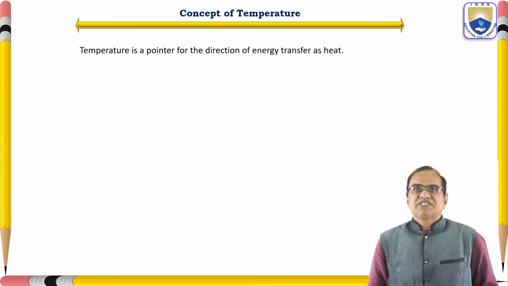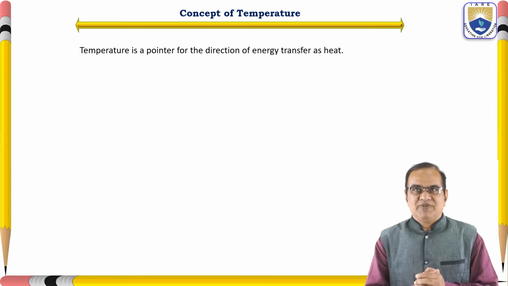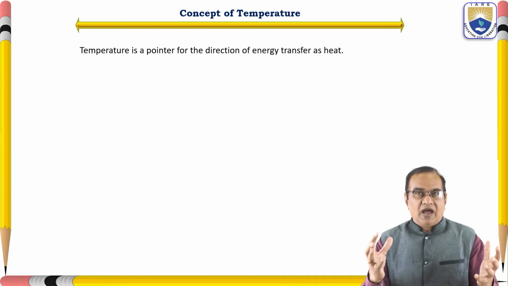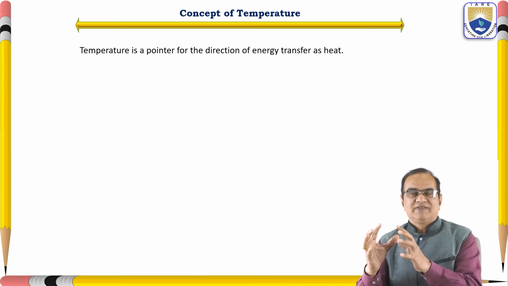Temperature is a pointer for the direction of energy transfer as heat. We have seen in the zeroth law of thermodynamics that equilibrium will happen, or the heat transfer will take place, from the high side to the lower side.